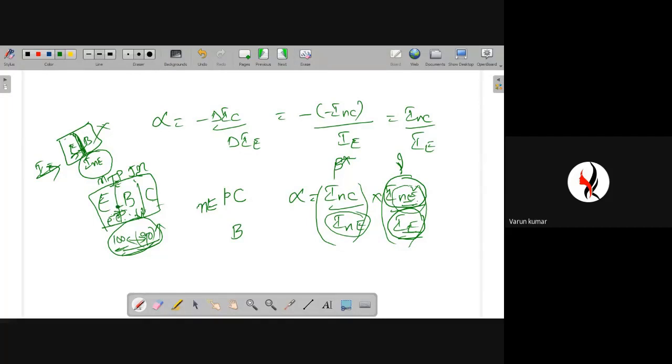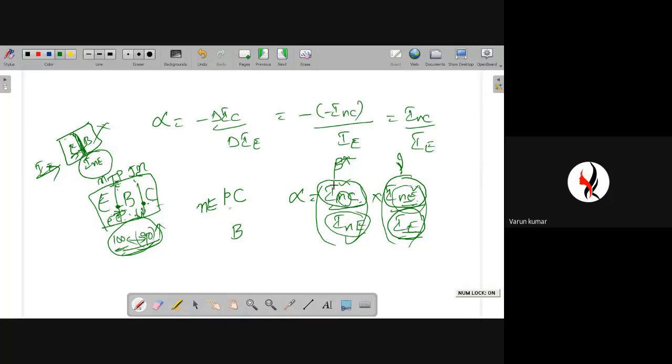That you call gamma, and beta star is given by the transport factor. How many carriers have actually been transported and reached the collector junction after being emitted? The current is given by INC. INC is the current produced when electrons travel from the emitter through the base and reach the collector.